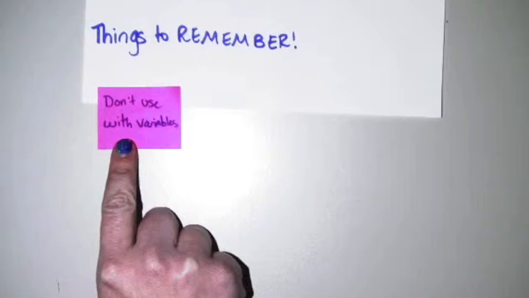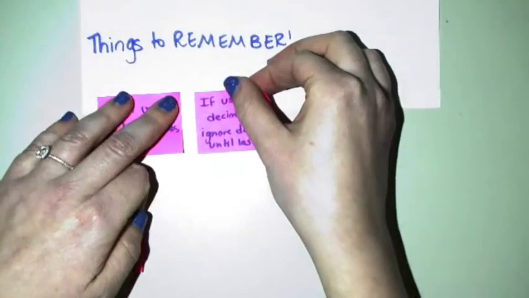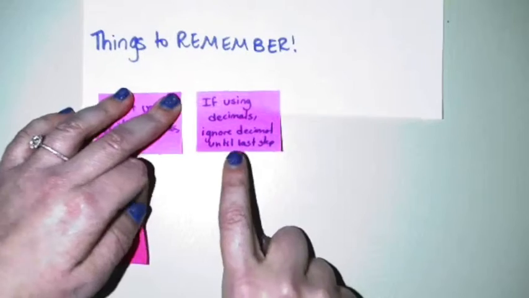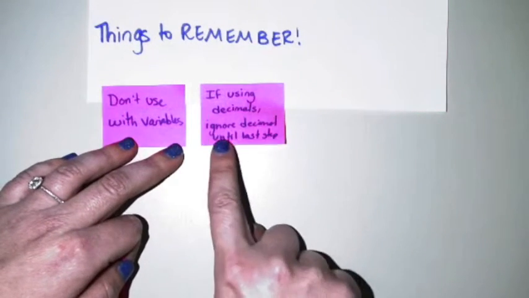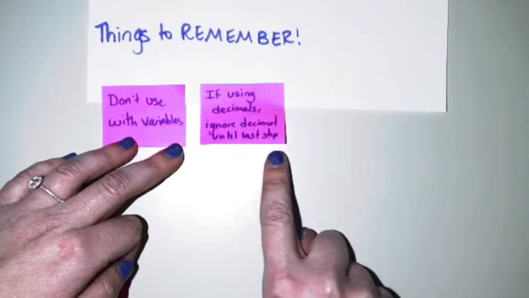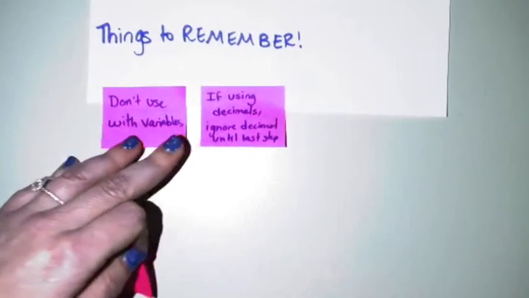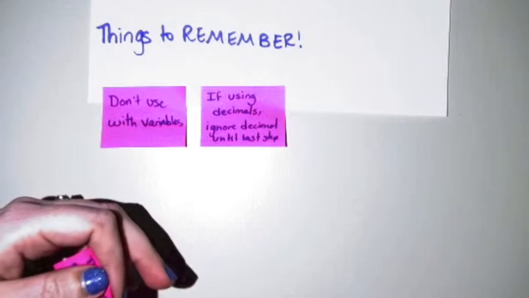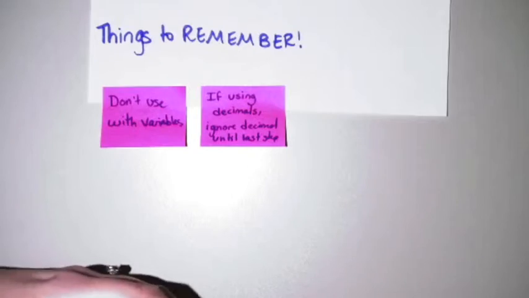It will not work well. It'll confuse us. Another thing to remember is that if we use this for decimals, like I just showed you, we want to ignore the decimal until the last step and then put it in. Just pretend they have that many digits normally, ignore the decimal, and put it in at the end.